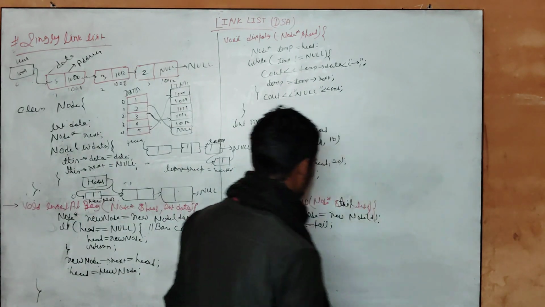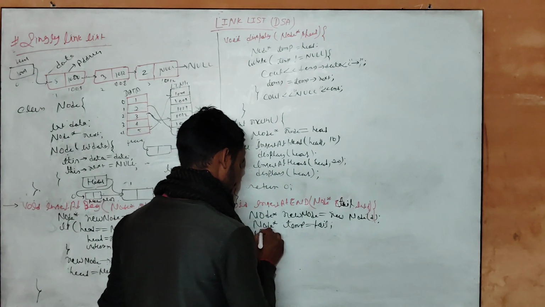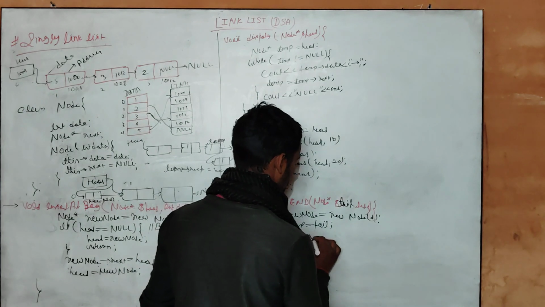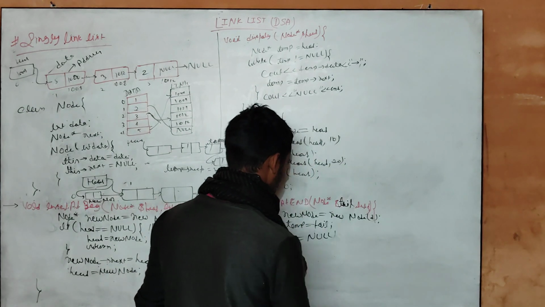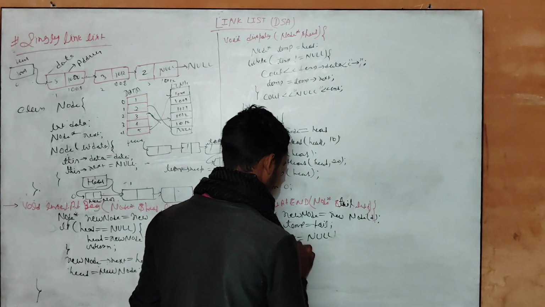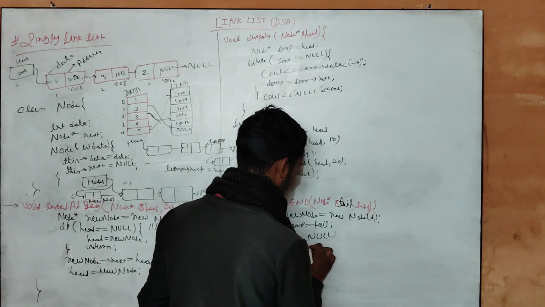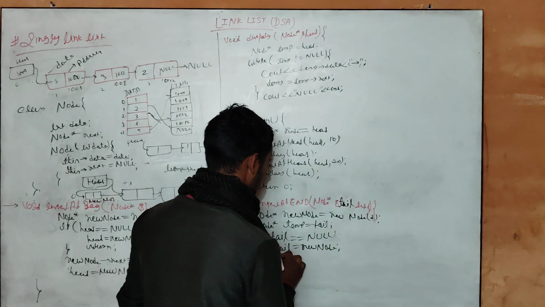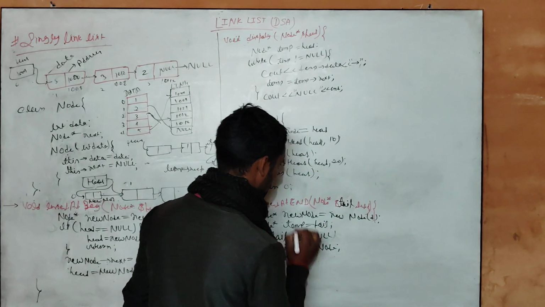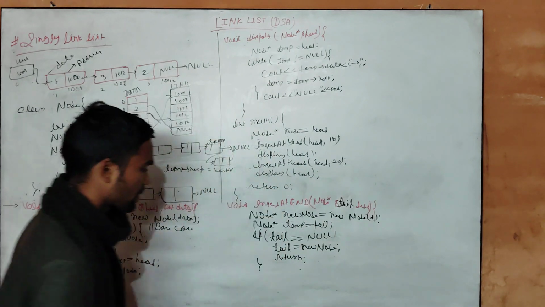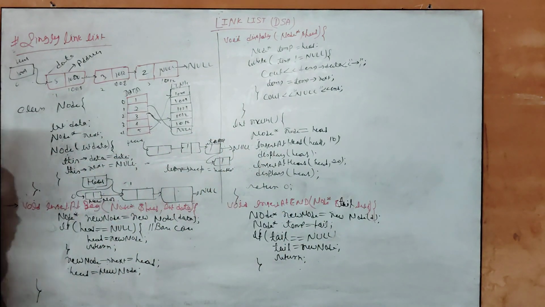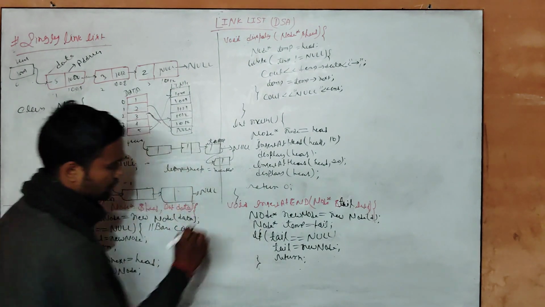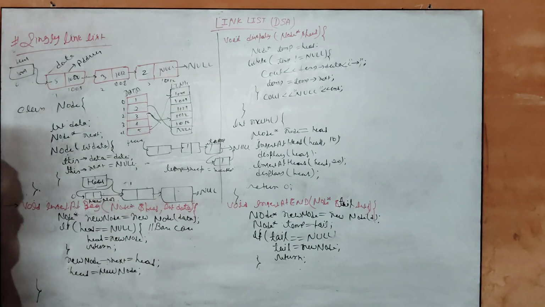So if tail is equal to null, then tail is equal to new node, simply return. Okay, let's find. Are you looking at something? Okay, fine. Then what will we see here?